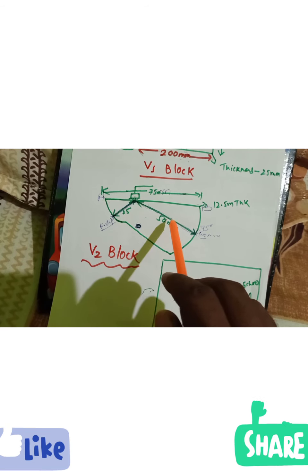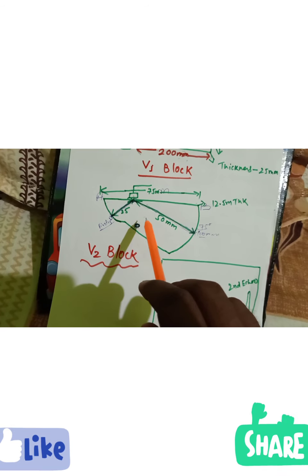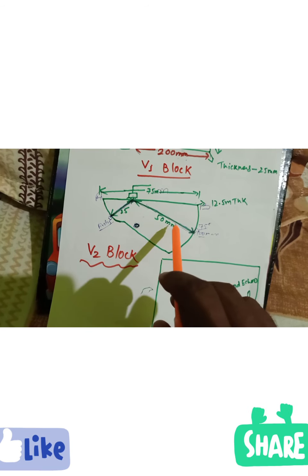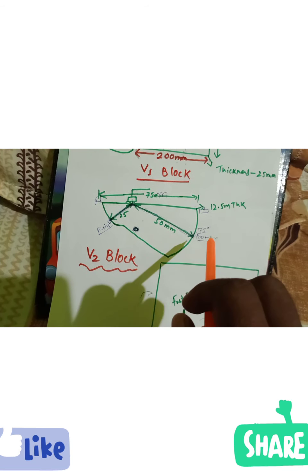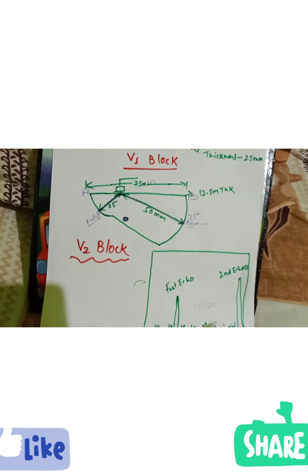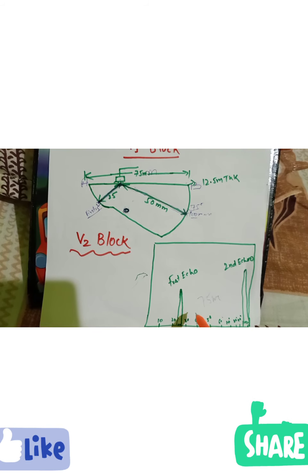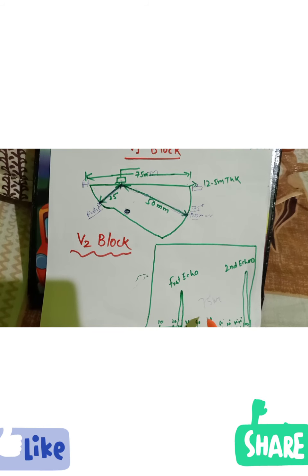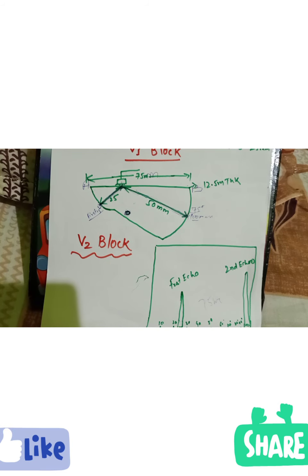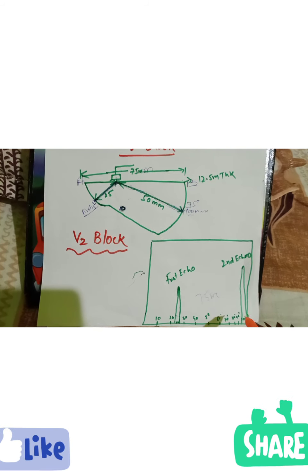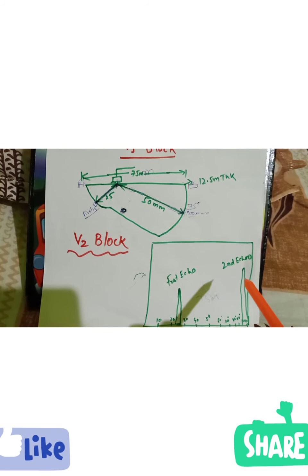It means 25, 50, 75. So the next echo comes at 100. So see, the first echo is at 25. After adding 75 to the first echo, the second echo will be at 100. This is the V2 block calibration method.